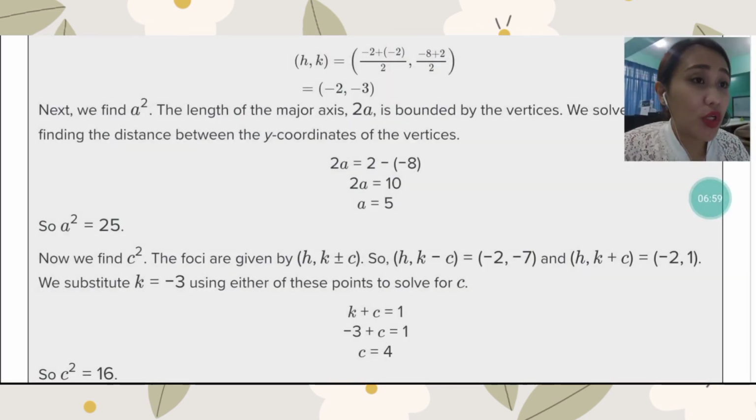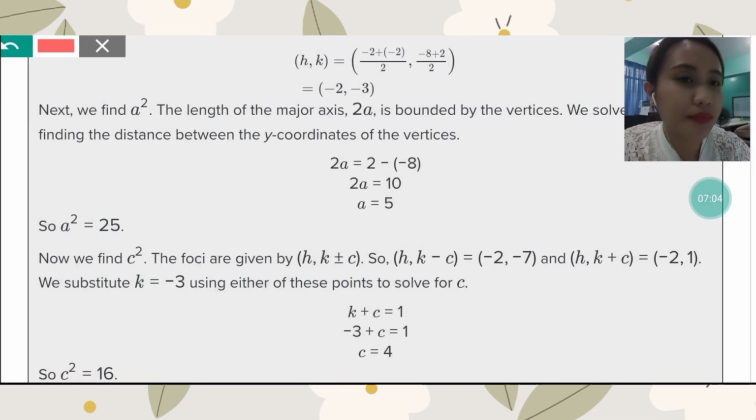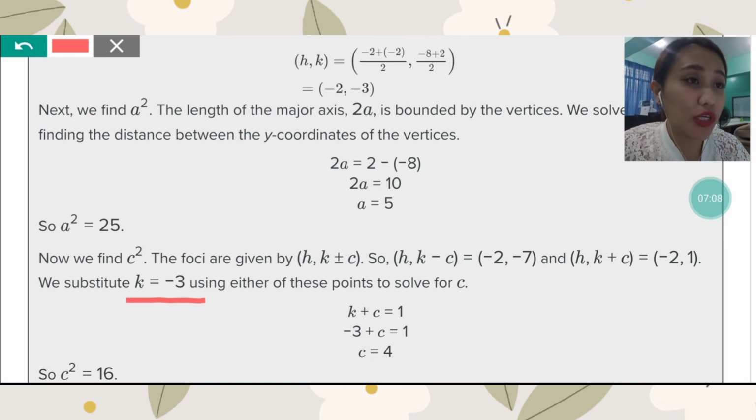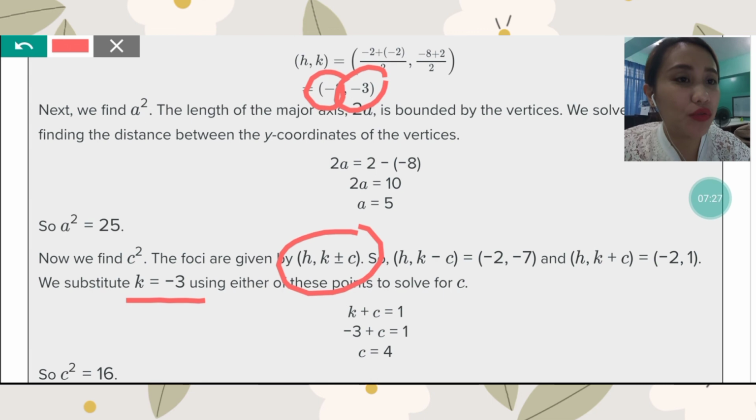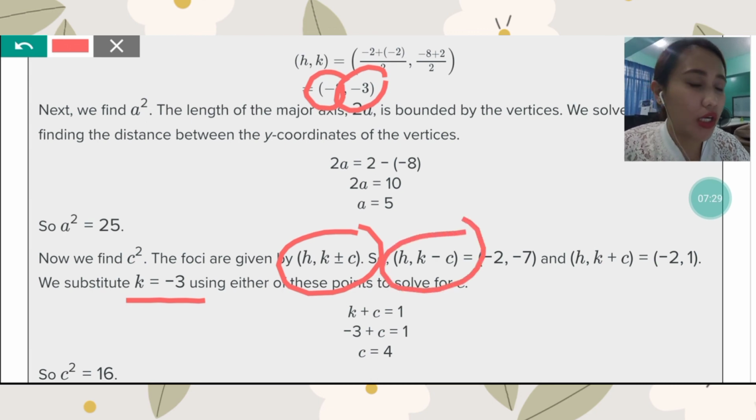By the way, if you are wondering where we got this k, earlier we were able to solve for the coordinates of the center, and we know that the center is represented by h, k. So we know that h is negative 2 and k is negative 3. And for us to solve for c, we are using the values of our foci since that is already given.